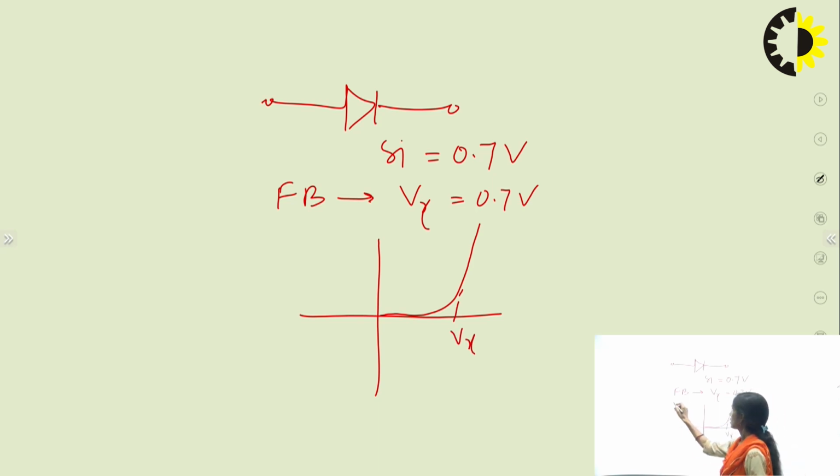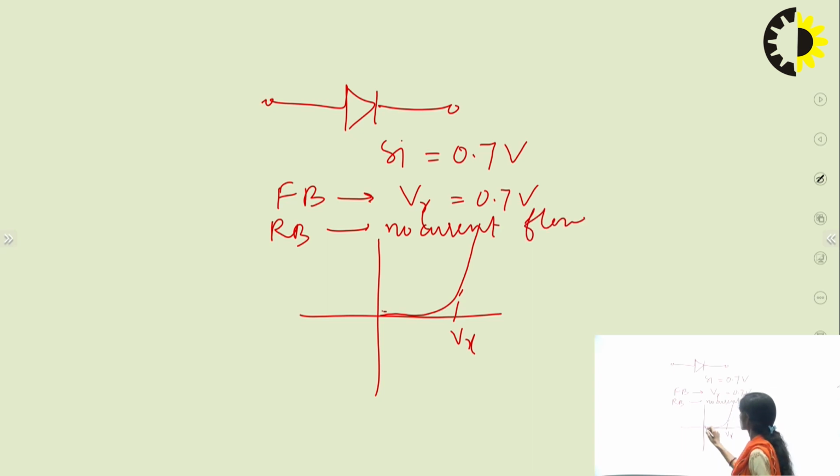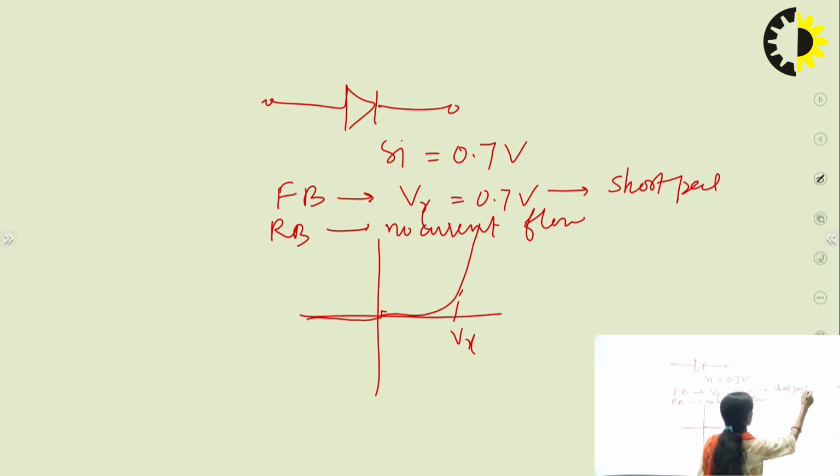Now if we see the reverse bias condition, there is no current flow. So we can show it in the graph like this. This shows a very small current which is due to minority charge carriers. So by this we can say that in forward bias, ideally diode behaves like a short path.